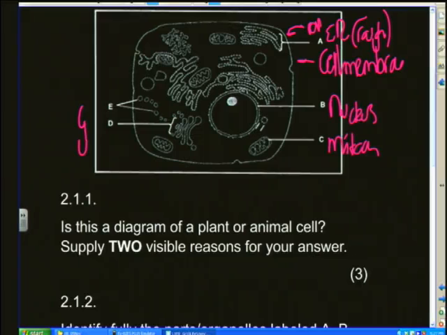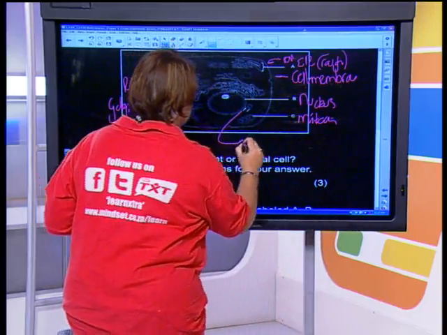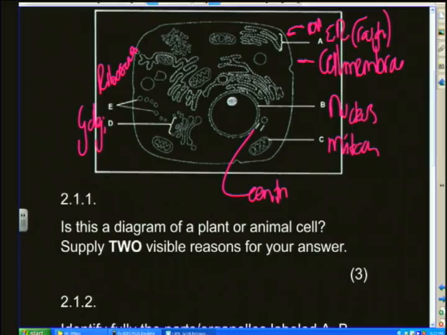This is the Golgi apparatus. It always looks like a stack of pancakes. These are probably ribosomes. So be able to label it and to know the functions. Even here, not labeled, centrioles. So when it comes to the cell, be able to label the cell.